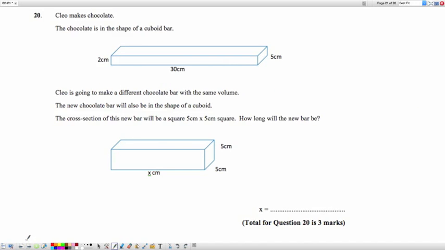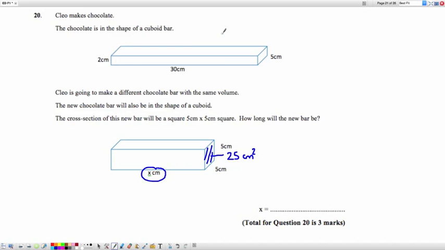Question 20. Cleo makes chocolate. The chocolate is in the shape of a cuboid bar, shown here. Cleo is going to make a different chocolate bar with the same volume. The new chocolate bar will also be in the shape of a cuboid, and it's going to have a cross section here of 5 by 5, so the area of this part will be 25 centimetres squared. We're asked to find out how long.